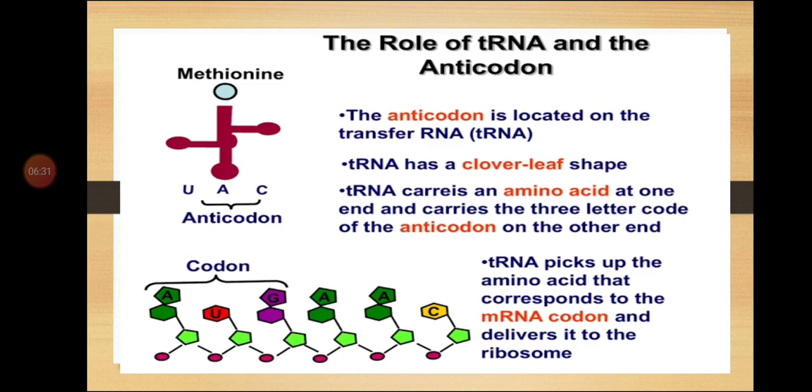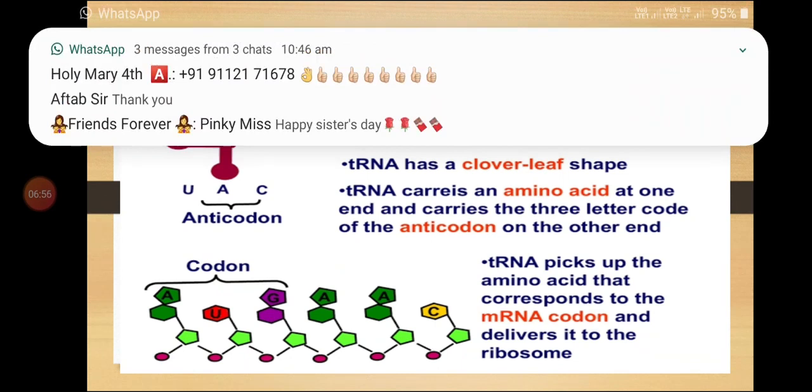See here, I have told you methionine. Initiator tRNA is specific for methionine, and on the other side it carries the anticodon. tRNA picks up the amino acid that corresponds to the mRNA codon and delivers it to the ribosomes.